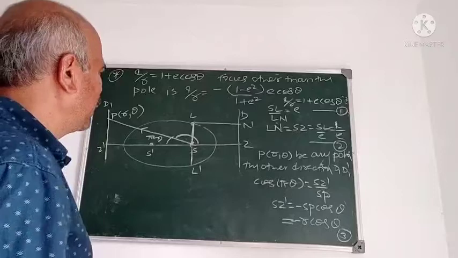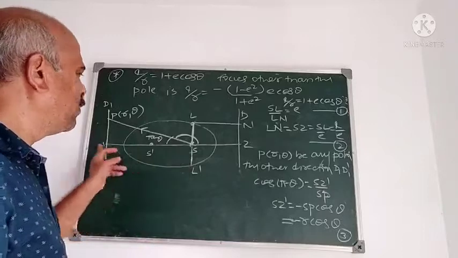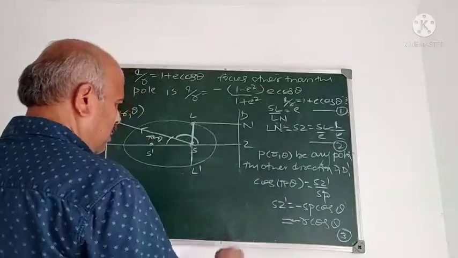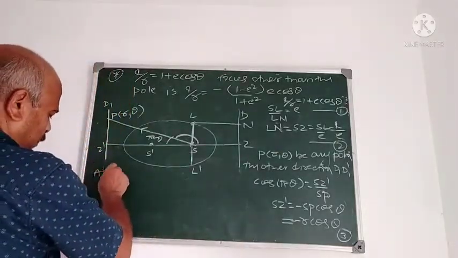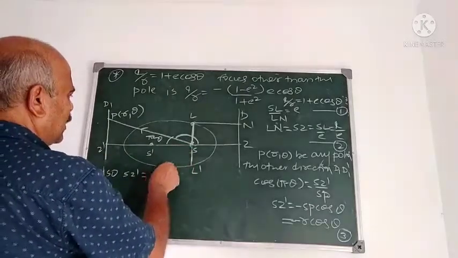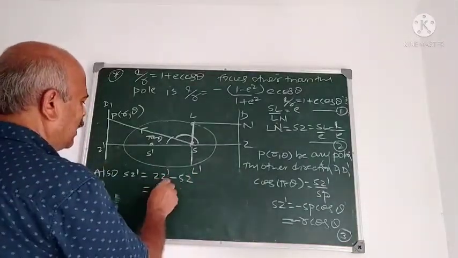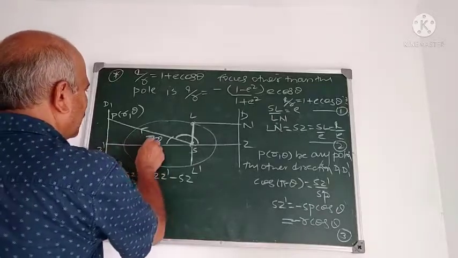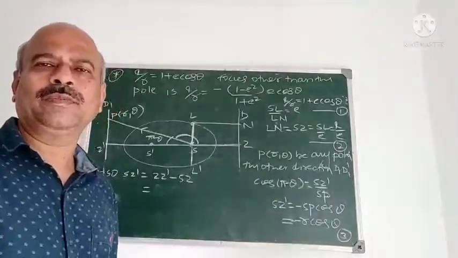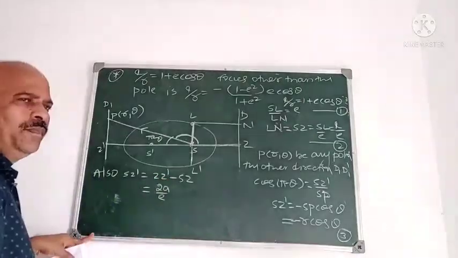Now what you have to do? The equation of this directrix we have to find out. For that we require SZ dash. How to write SZ dash? It is ZZ dash minus SZ. Therefore what is ZZ dash? ZZ dash is the distance between the directrices of the ellipse, and the distance between the directrices of the ellipse is 2a by e.